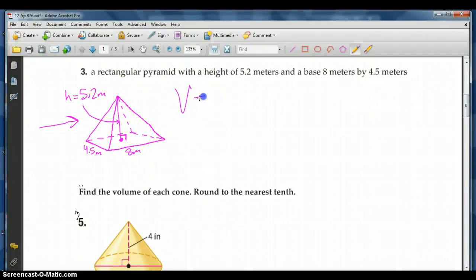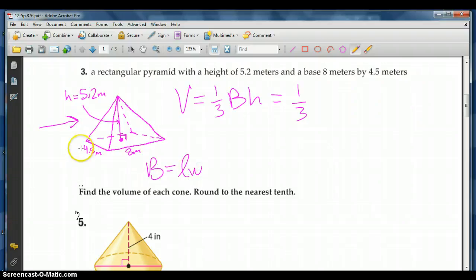So our volume formula is 1/3 times area of the base times height. Okay, in this case, our base is a rectangle, and that's just length times width. So 4.5 times 9 and then the height is 5.2.